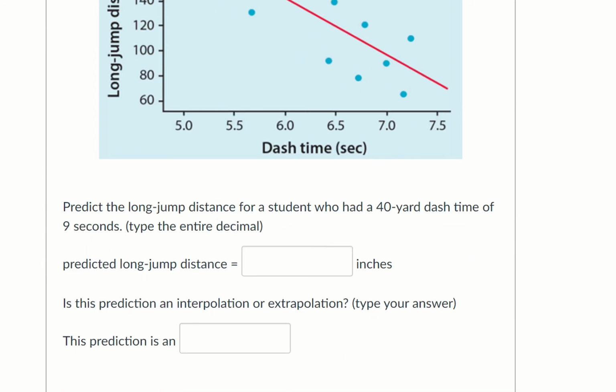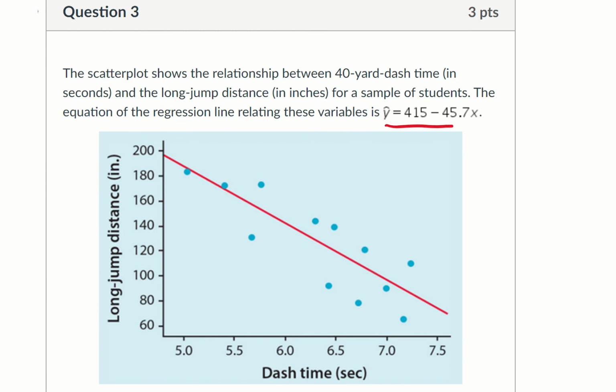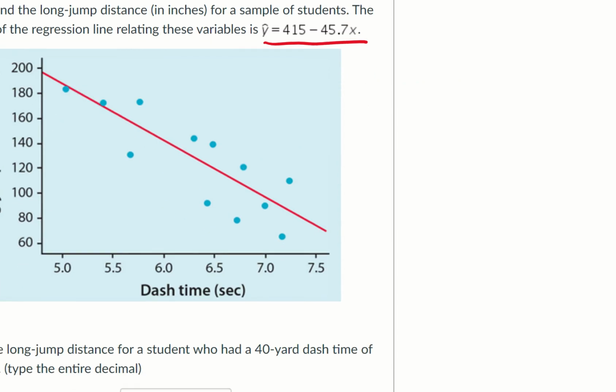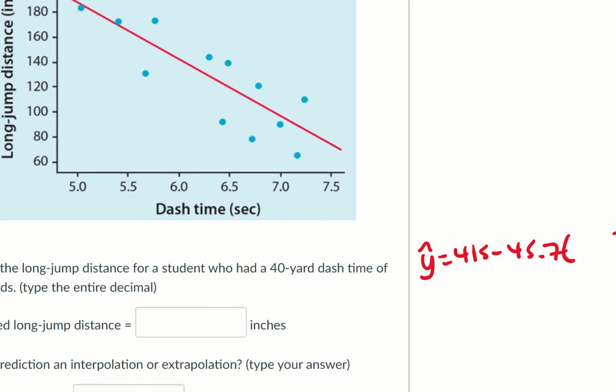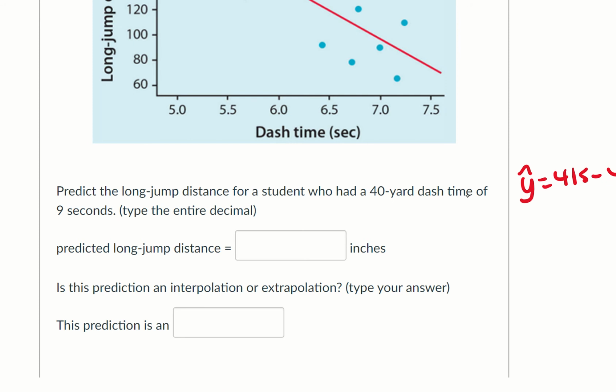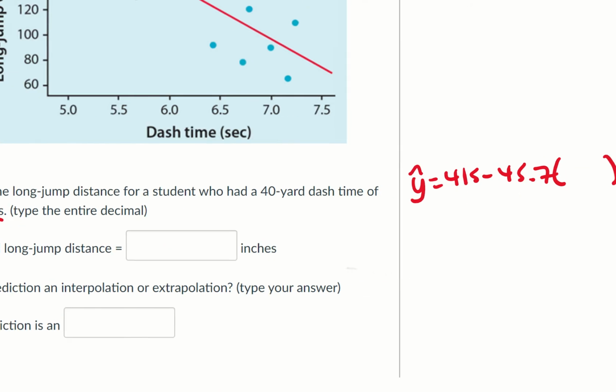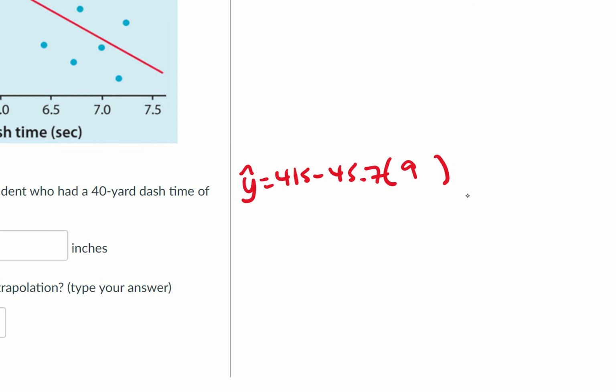So again, we're making a prediction here, and so we're going to be using the equation of the regression line. So we have here y hat equals 415 minus 45.7, and then we got to plug in for x to make that prediction. And so they're asking for a 40-yard dash time of 9 seconds. So that's going to be my x. So we have 9 seconds here.